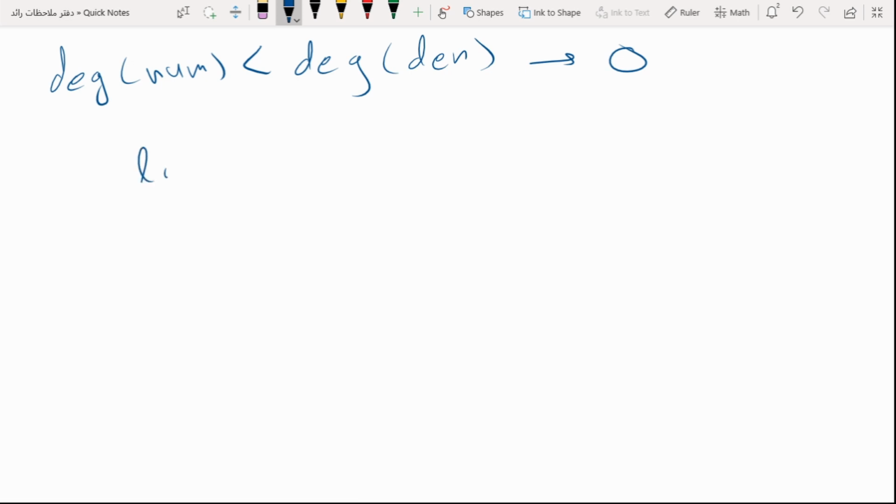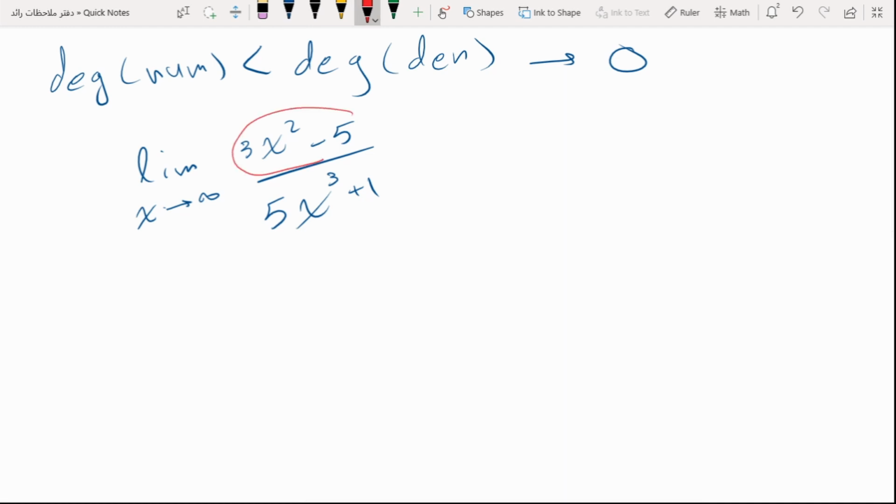For an example, if I said that limit x approaches to infinity or negative infinity, doesn't matter, if the degree of numerator is less than degree of the denominator, then 3x to the power of 2 negative 5 over 5x to the power of 3 plus 1, then I see the degree of the top is less than the degree of the bottom. So the answer is 0.